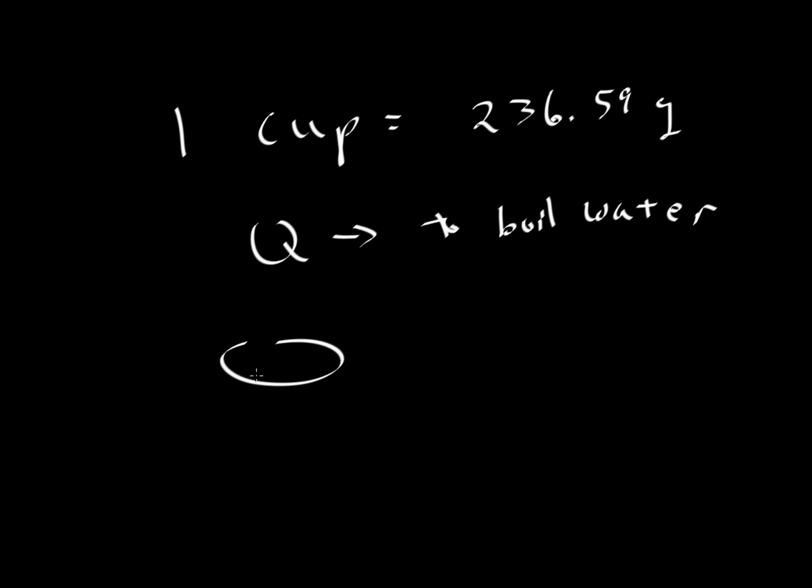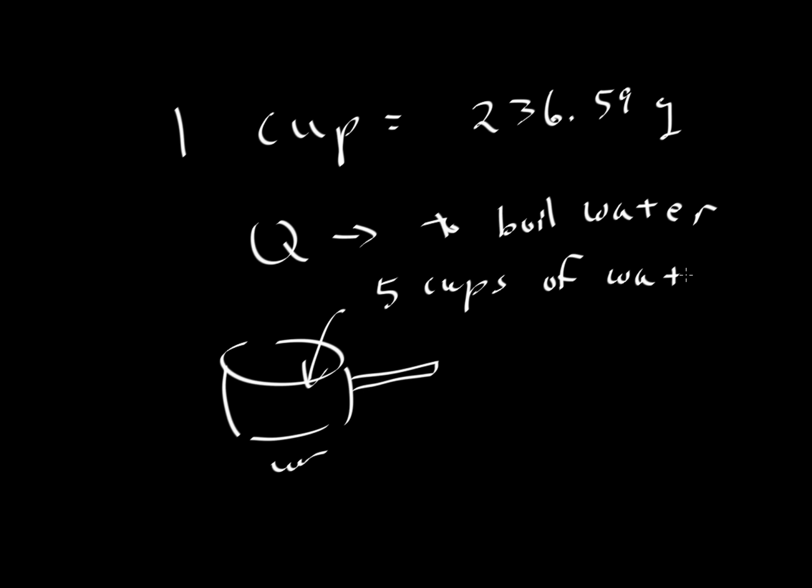You can take a pot. So here's a pot with a handle, and you could put it on the stove and add a flame. Let's say you add 5 cups of water. So that 5 cups of water would have, if I've done this correctly, about 1,182.95 grams in terms of mass.